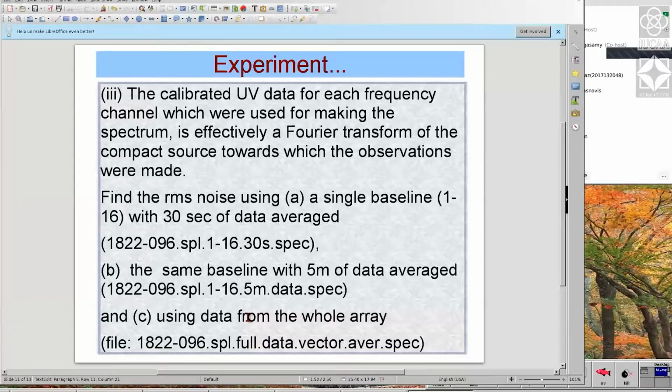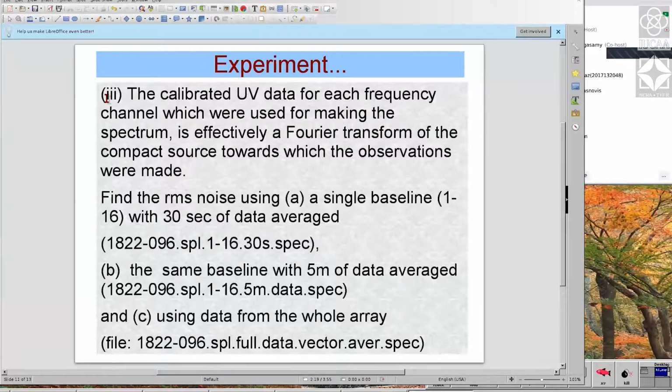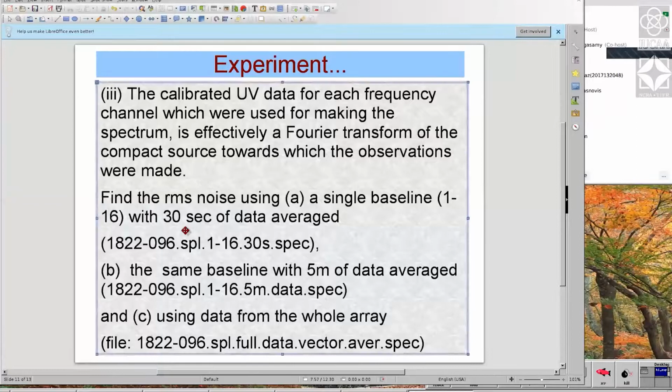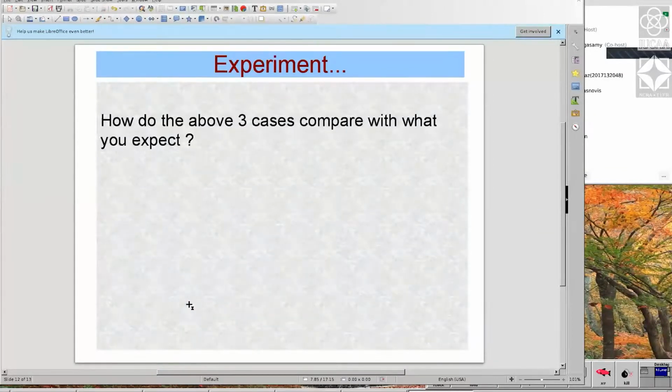So both will come. So these are the parts 3, A, B, C. In sector ABC, as I said, using a single baseline you are comparing RMS with averaged time, and averaging over the whole array, how the RMS noise changes. How the other 3 cases compare with what you expect. So that is what the question is really.